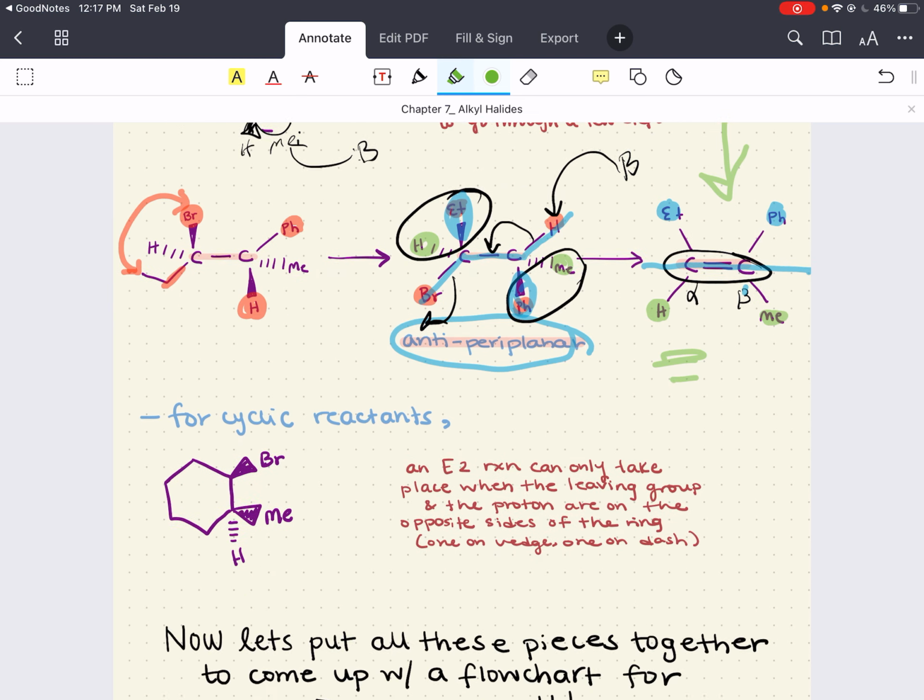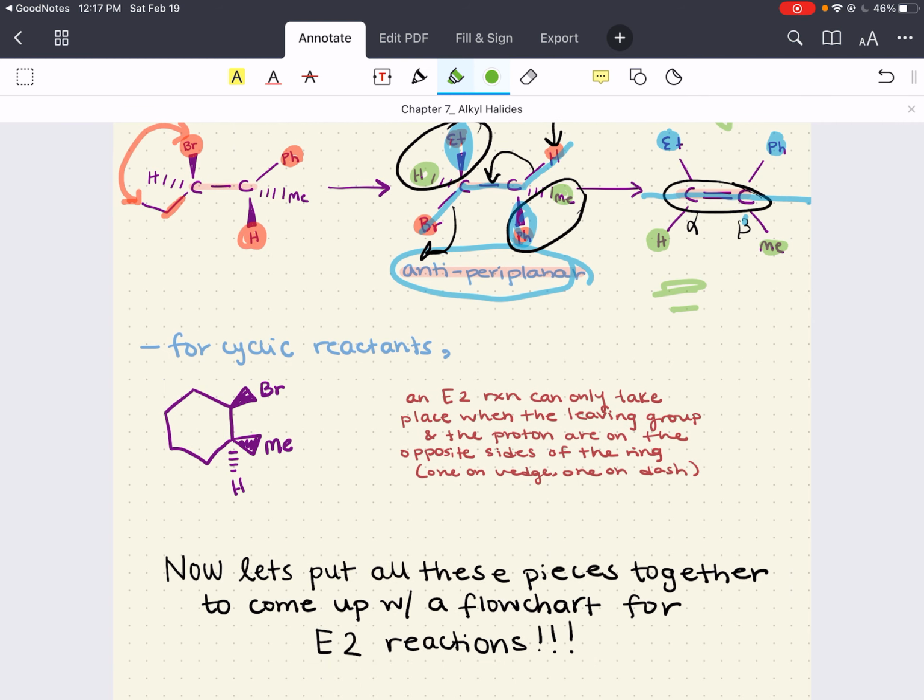Now, an important thing to know is this is easier for cyclic reactants with beta positions with one hydrogen. So if you have a cyclic compound, here's your alpha position. It has a halogen. Here's a beta position with only one hydrogen.